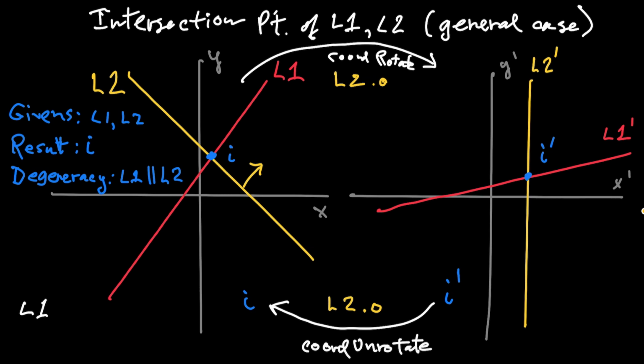So we'll say L1 prime equals coordinate rotate L1. And we'll be using L2's orientation to control the coordinate rotate.